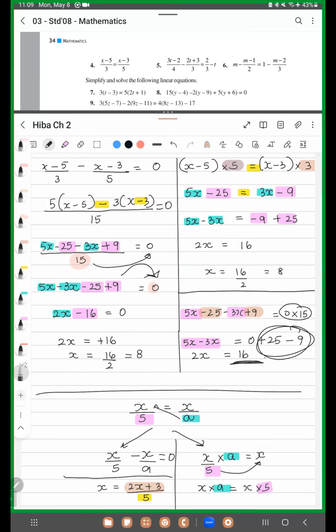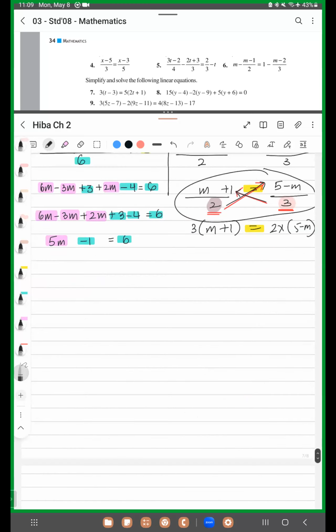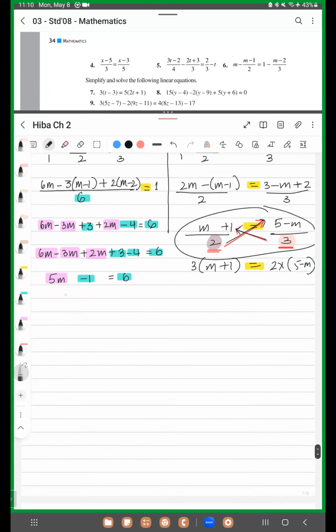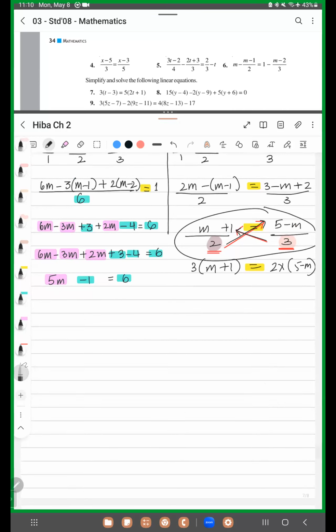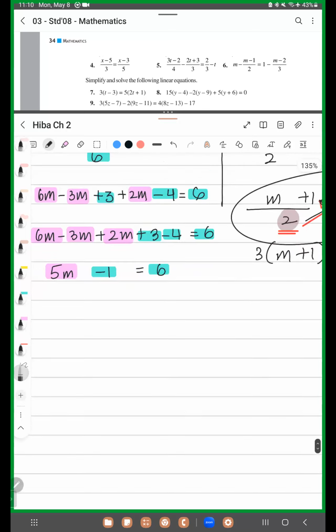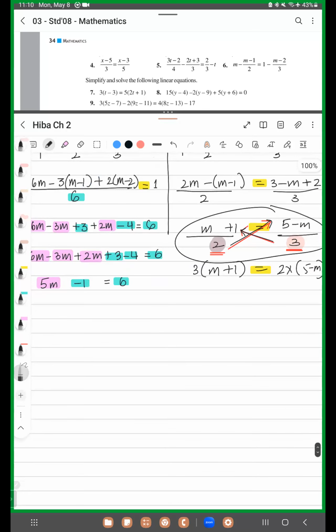Yeah, I understood now. Good. Now 5m minus 1 equals 6. Now tell me, what do we have to do now? 5m is equal to 5 because 6 minus 1. Will it be 6 minus 1 or 6 plus 1? Look at this carefully and tell me, when it goes to the other side, what will it become?